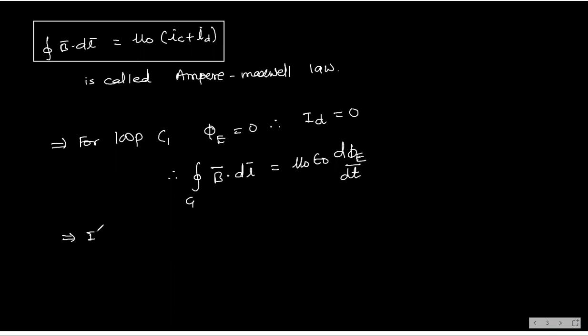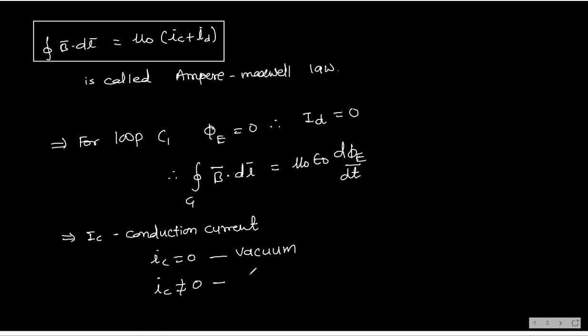So here IC is conduction current. So IC is equal to 0 in vacuum, and IC is not equal to 0 in conductors.